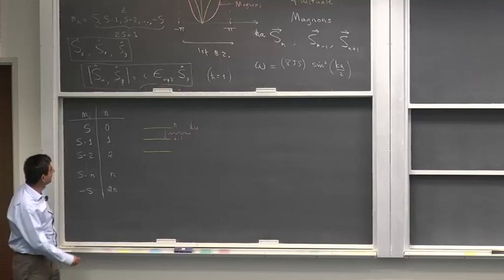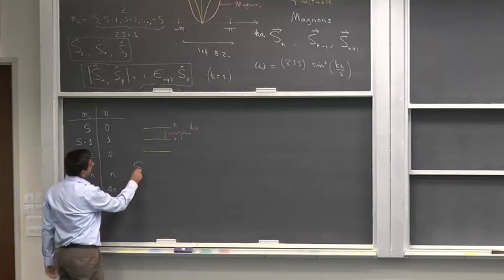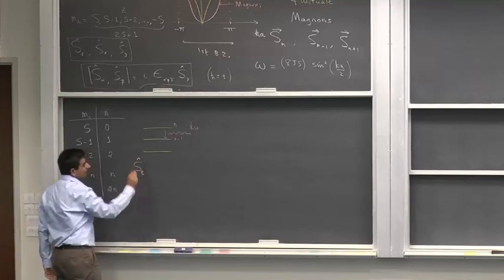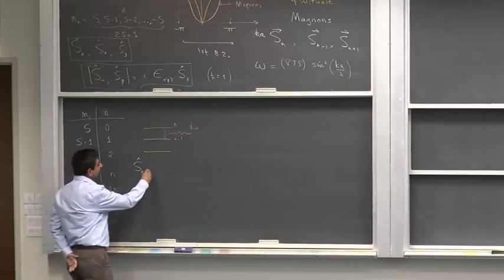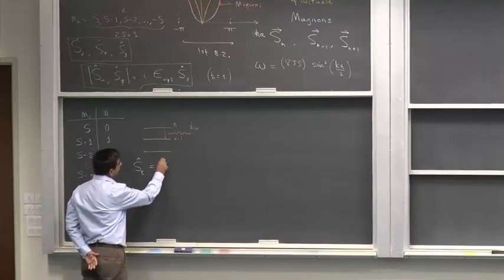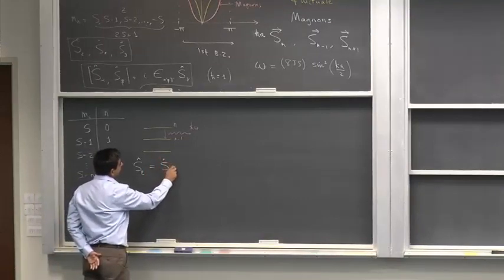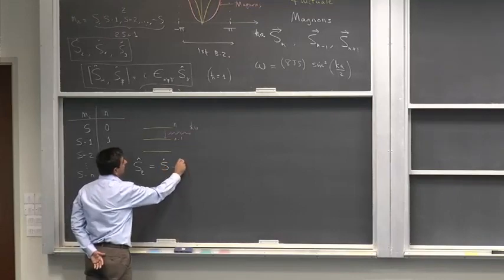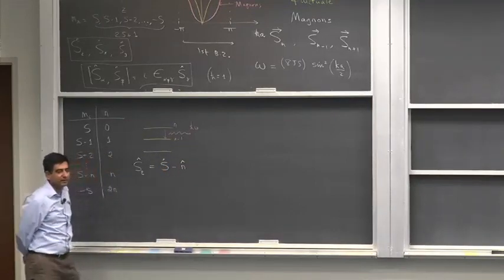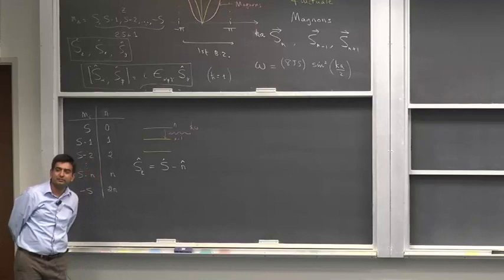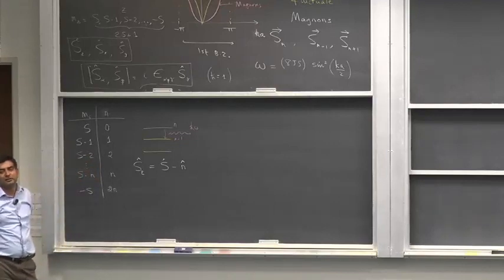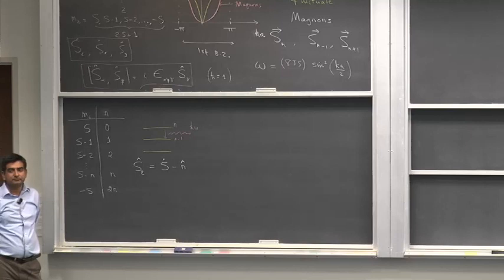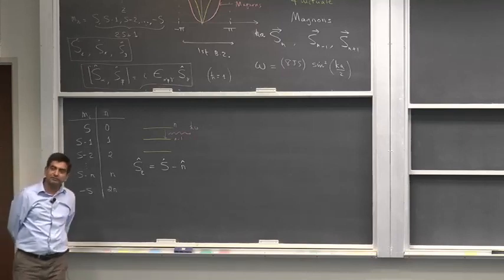So this means we can define an angular momentum operator Sz as s minus n, where n is the number operator. They are the ground state.